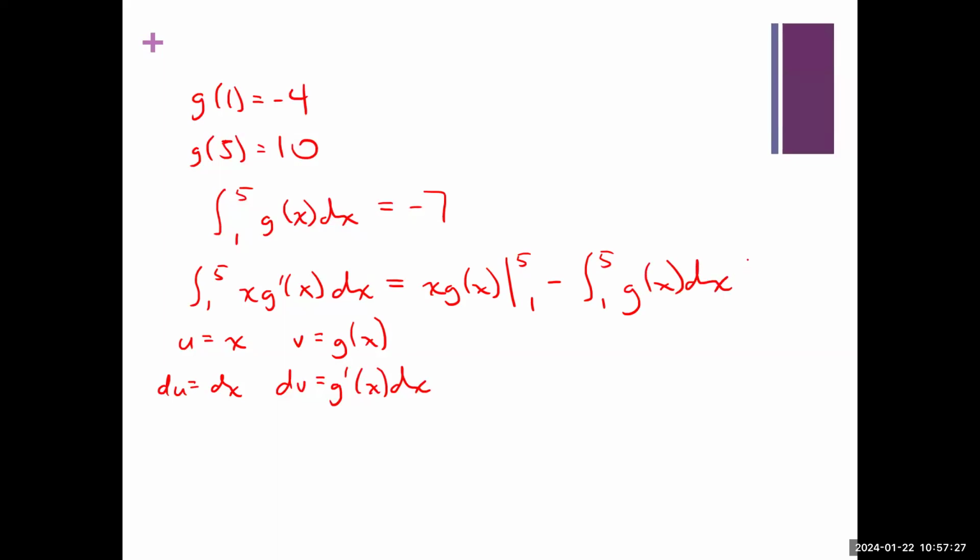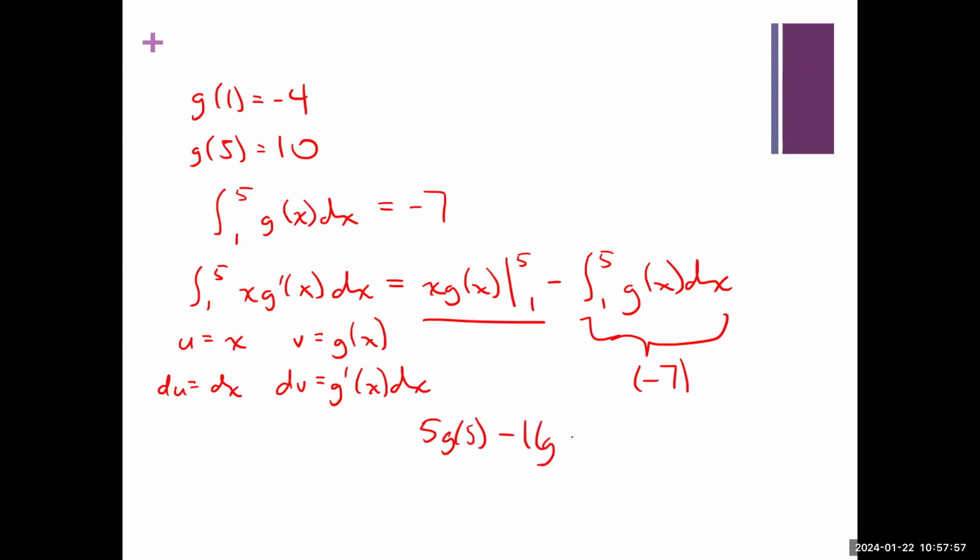All right. Do we have enough information to? Okay. So I believe this thing right here is given to you, right? That should be -7. But how do you handle this? You do 5 times g of 5 minus 1 times g of 1.